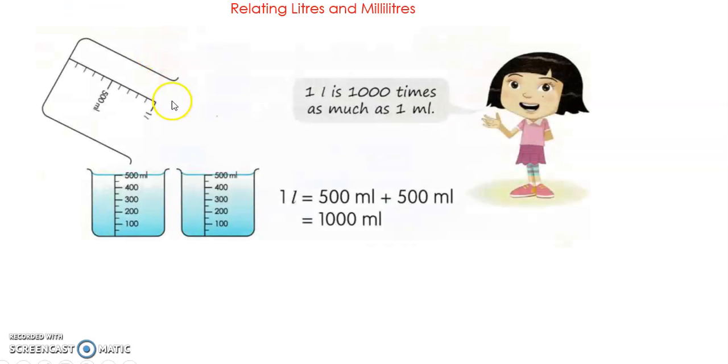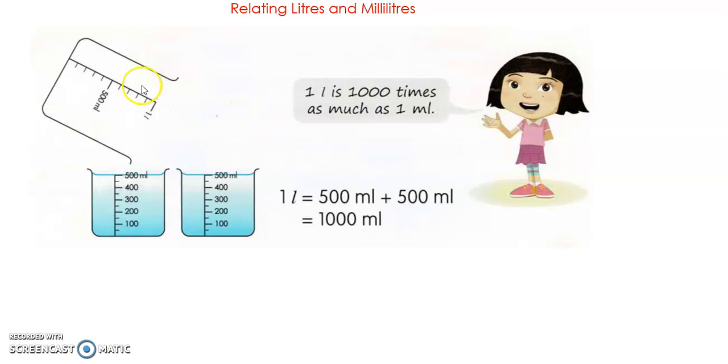For example, here, if we have a beaker, this container, which has the capacity of 1 liter, if it's full of water, for example, and we pour this beaker into two small beakers, each one is 500 milliliters. So again, the big one is 1 liter and the small ones are 500 milliliters when it's full.